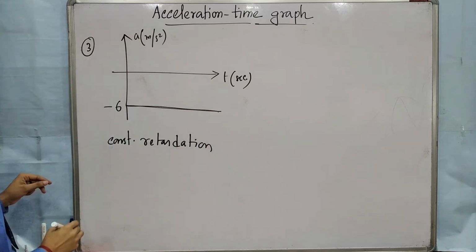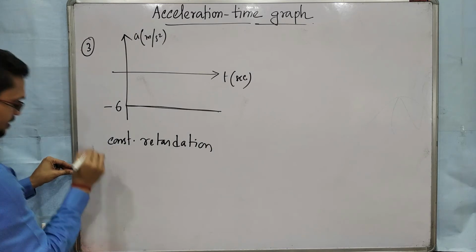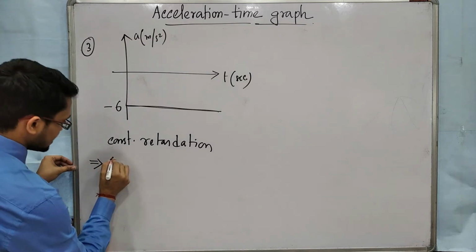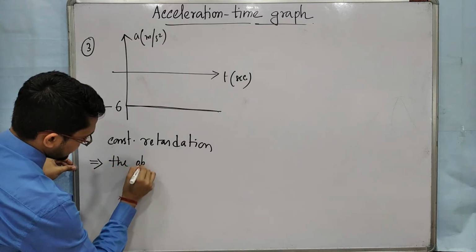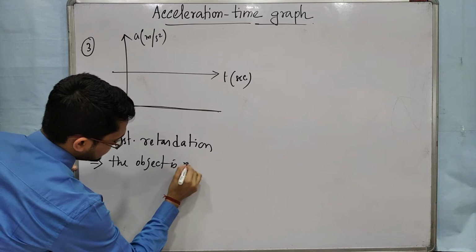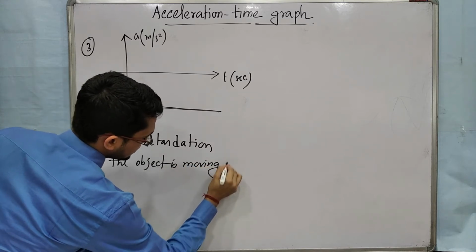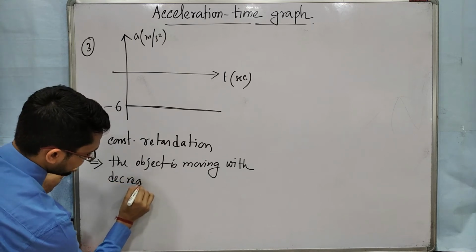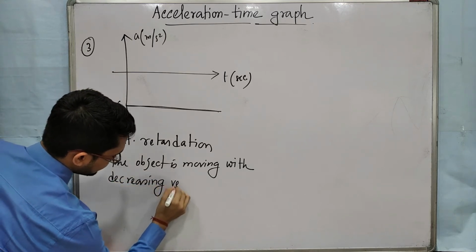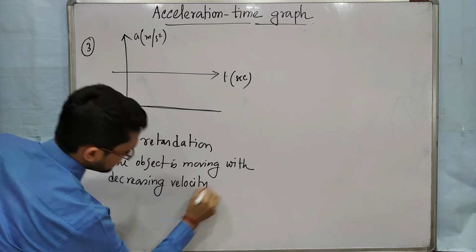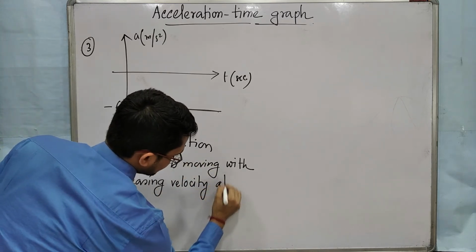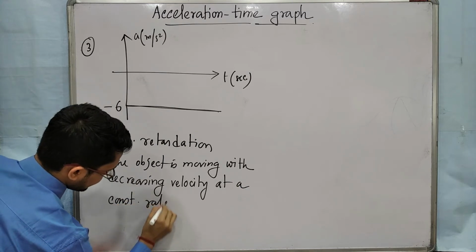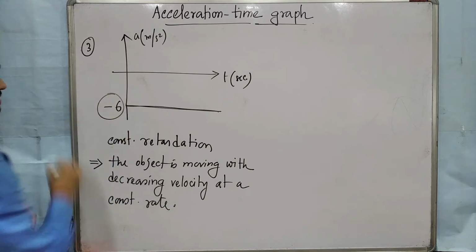If you express it as a statement, the motion will be: the object is moving with decreasing velocity at a constant rate. Again the rate here is minus 6.